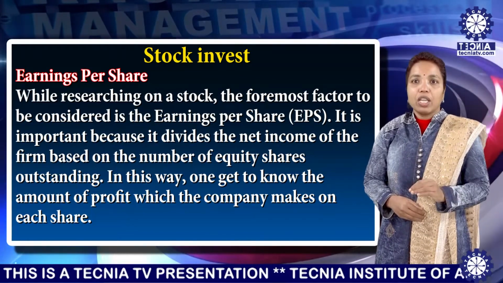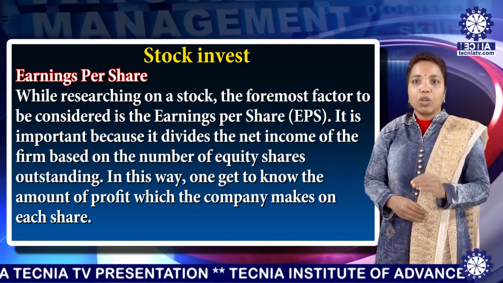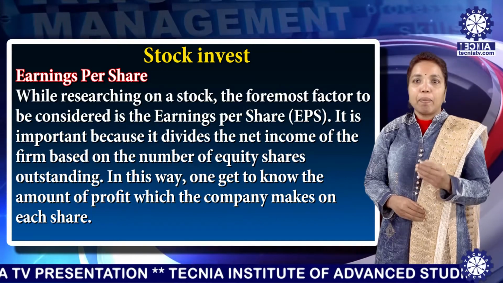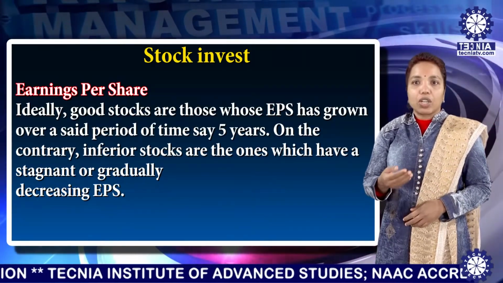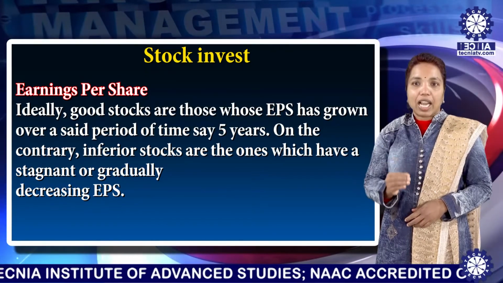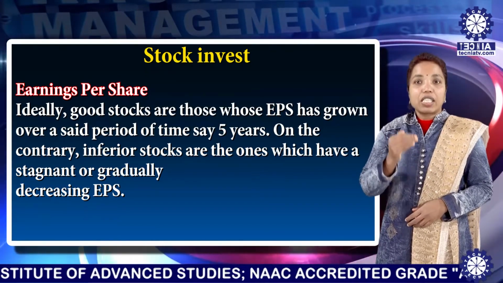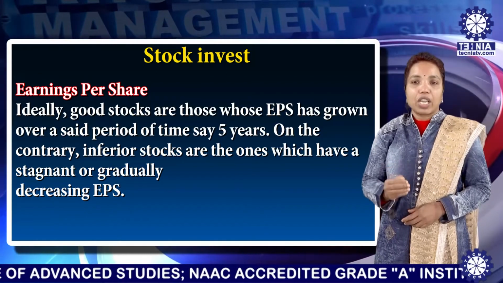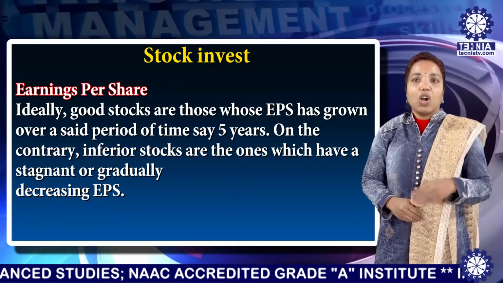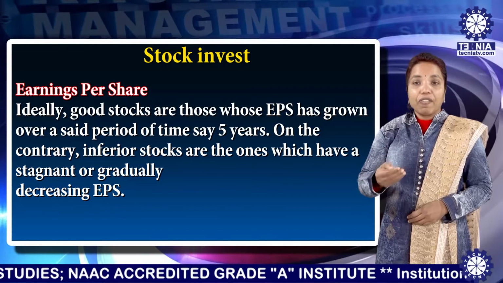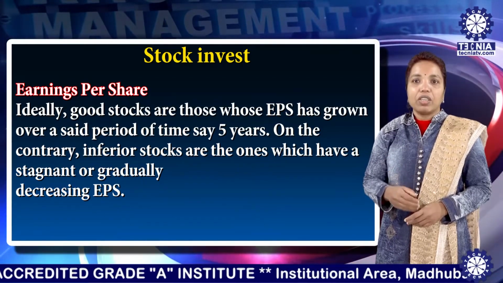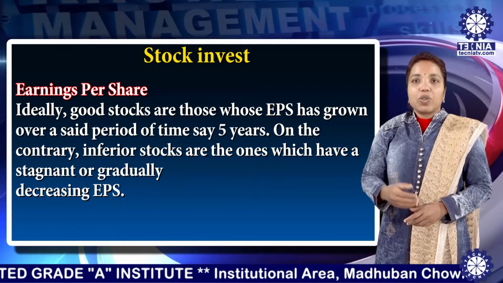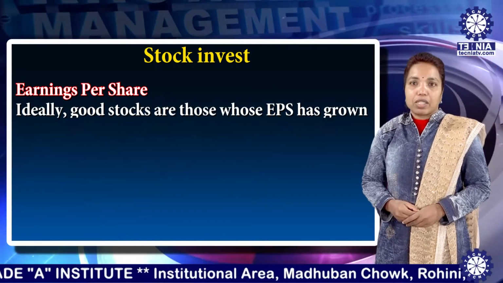In this way, one gets to know the amount of profit which the company makes on each share. Ideally, good stocks are those whose EPS has grown over a set period of time, say 5 years. On the contrary, inferior stocks are those which have a stagnant or gradually decreasing EPS.